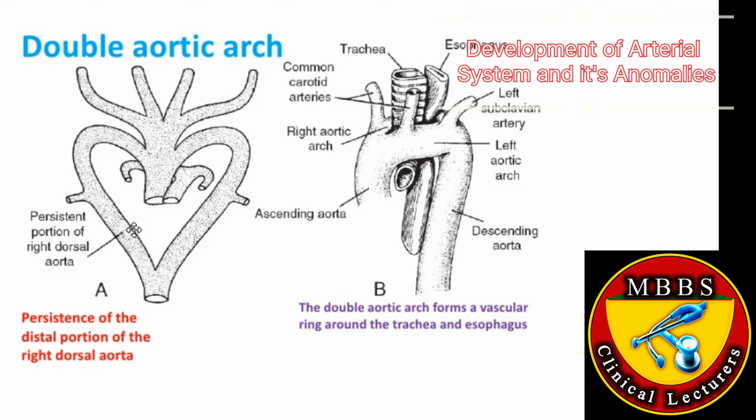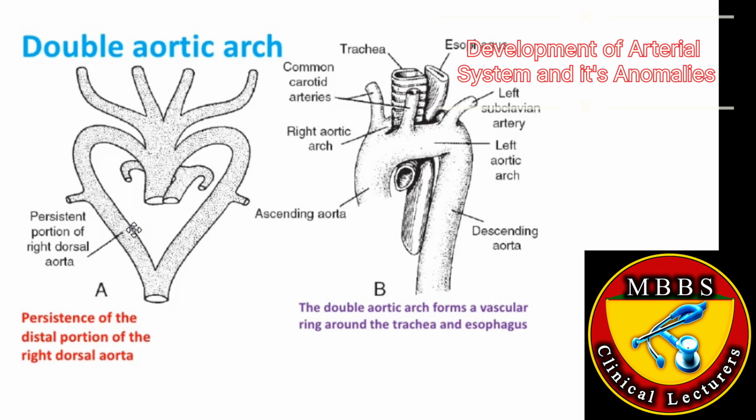The double aortic arch usually forms because the fourth aortic arch on the left side gives rise to the arch of aorta, and on the right side it gives rise to the subclavian and the seventh intersegmental artery, the proximal portion, and the distal portion of that fourth arch. There is persistence of the right dorsal aorta. The distal portion of the right dorsal aorta usually gets obliterated.